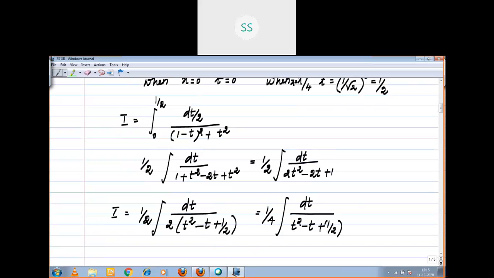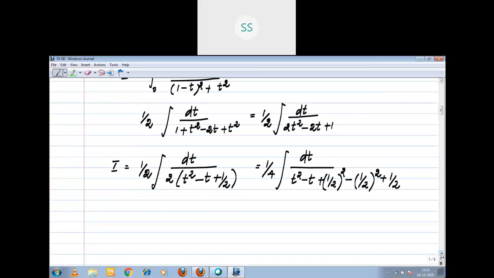The coefficient of t is 1, so half of it squared is 1 by 4. Plus 1 by 2 the whole square was added and then subtracted without disturbing the given format, plus 1 by 2. Got it? I applied the completing the square method: the coefficient of t is divided by 2, squared, and the term added and subtracted.